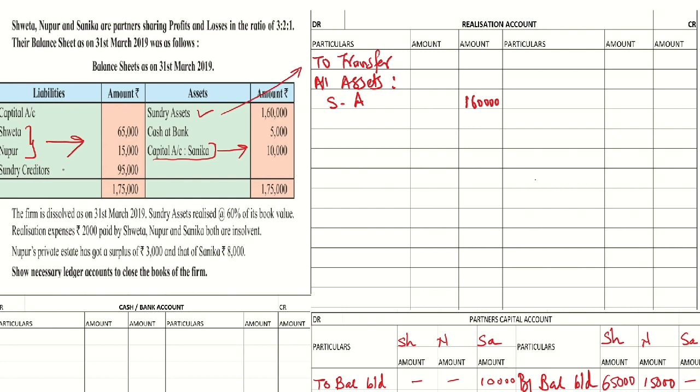Next is creditors, that is 95,000 rupees. So we record it on the realization credit side. This is a posting we are doing, by transfer of outside liabilities, that is sundry creditors. Only one item, so we keep it in the outer column, directly 95,000.